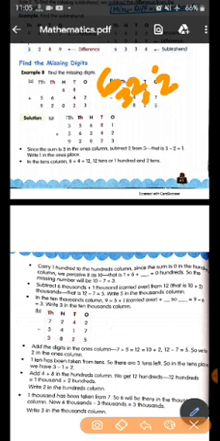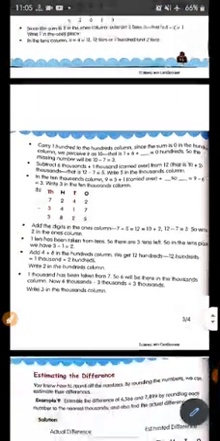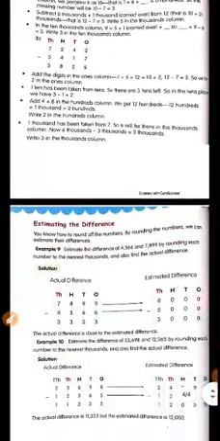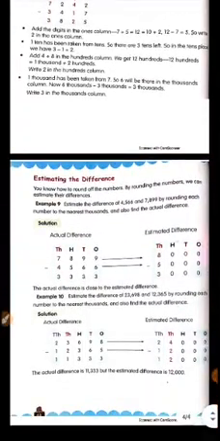This is the way we will find the missing numbers. In the same way you can do it in your book also. Now the next and last topic of this chapter is estimating the difference.